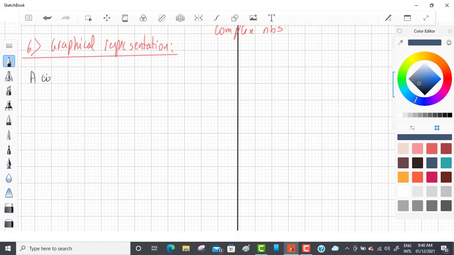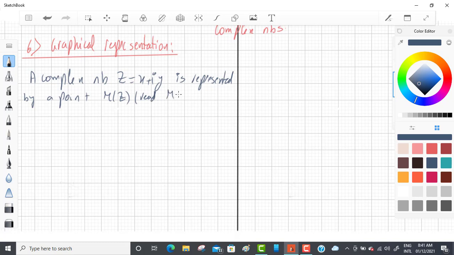A complex number z equal to x plus iy is represented graphically by a point M of affix z. We read this as M of affix z, where M has abscissa x and ordinate y.